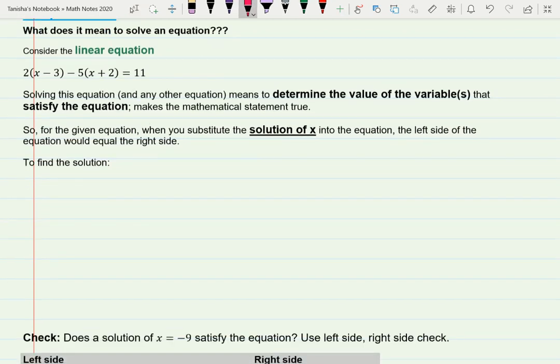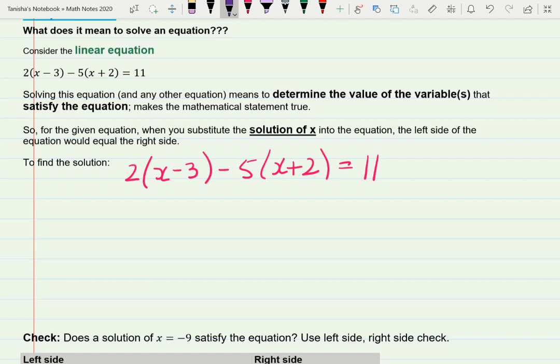I'm just going to rewrite our equation in the space here. So you have 2(x - 3) - 5(x + 2) all equal to 11. So we want to figure out what that x value is that will make the left side of our equation equal 11.